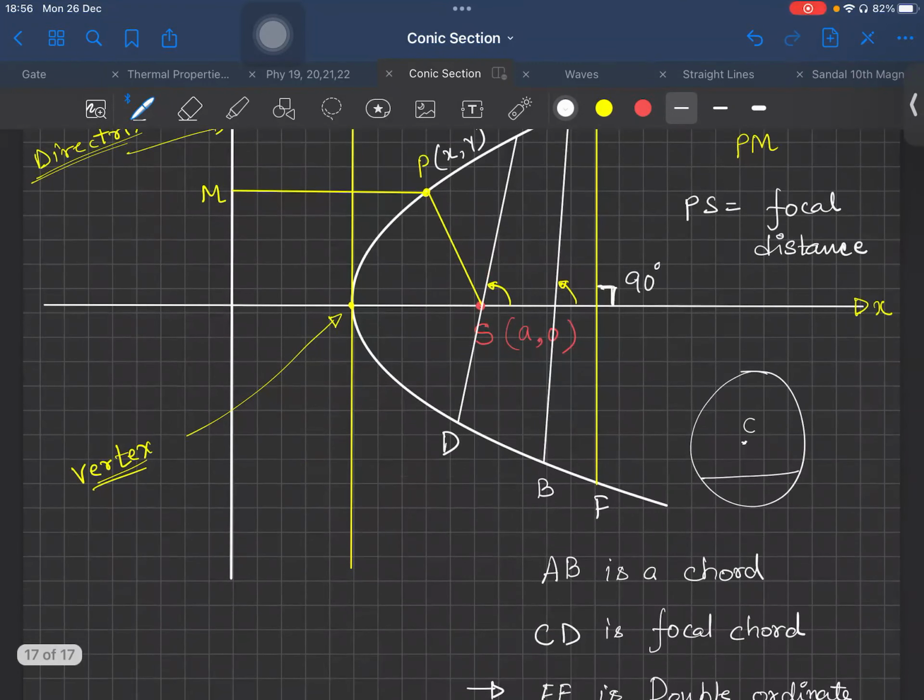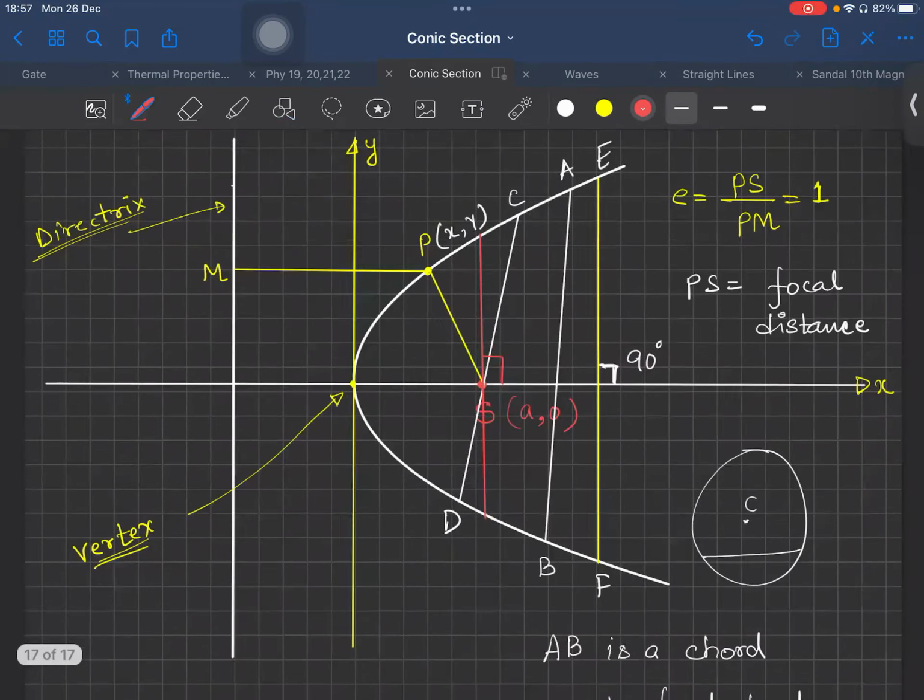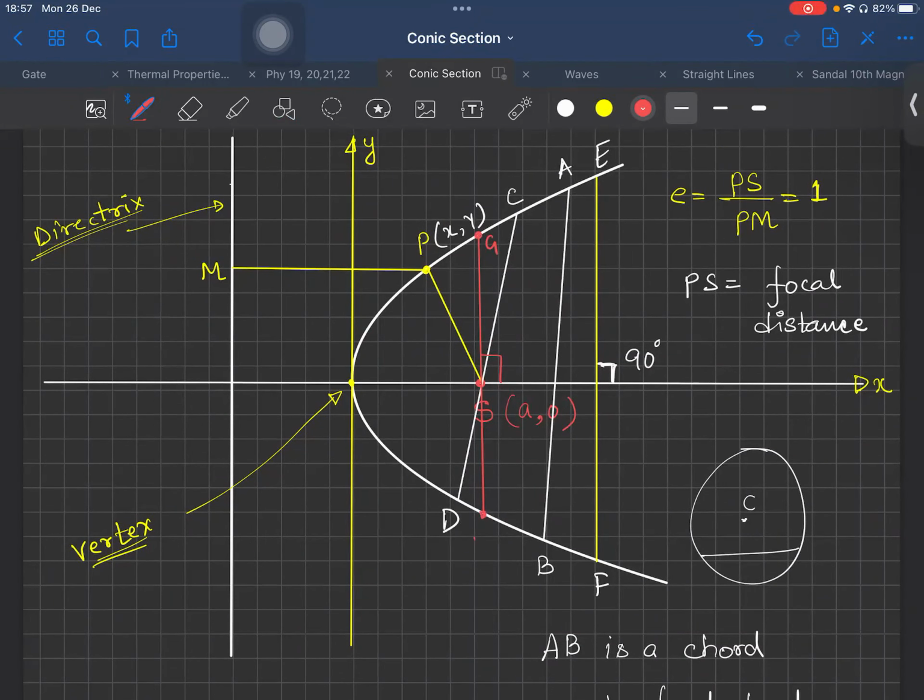Now this can also pass through the focus, right? When it passes through the focus, it is called the latus rectum. Let me erase this part. Let's name it GH. This also makes 90 degrees.